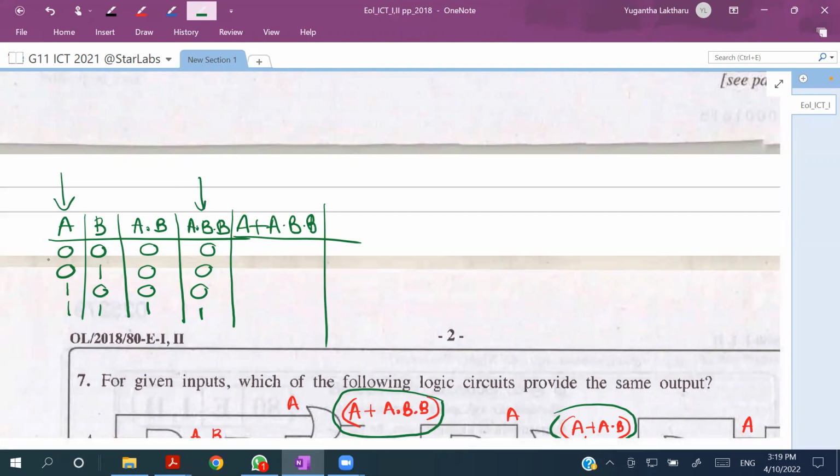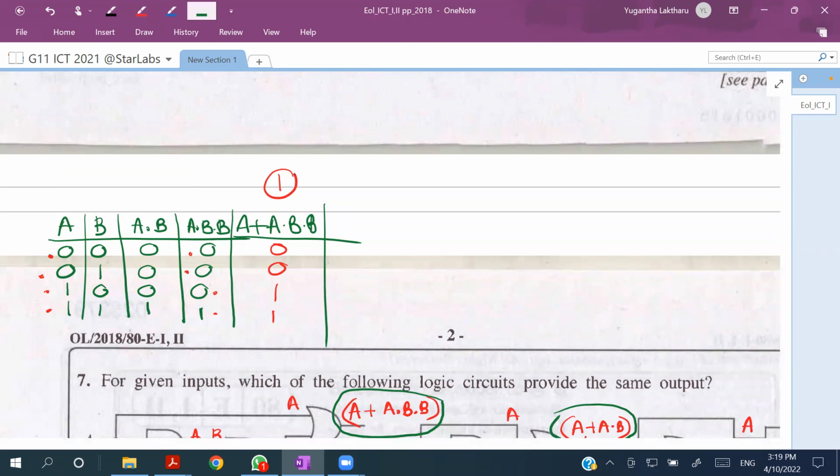So 0 plus 0 is going to be a 0, 0 plus 0 is going to be a 0, 1 plus 0 is going to be a 1, 1 plus 1 going to be a 1. Right, and we can create A plus A dot B as well. That's the second output. So this is the first output.